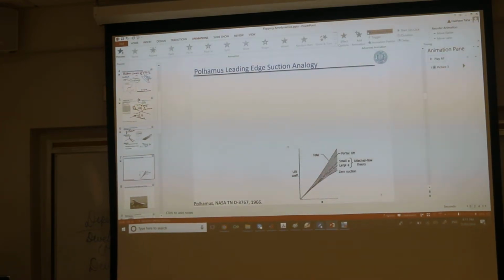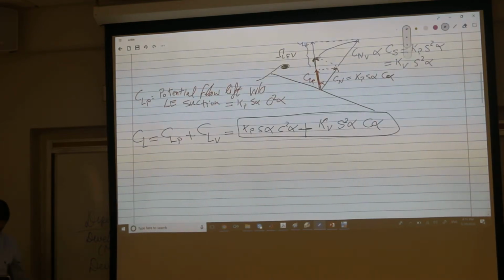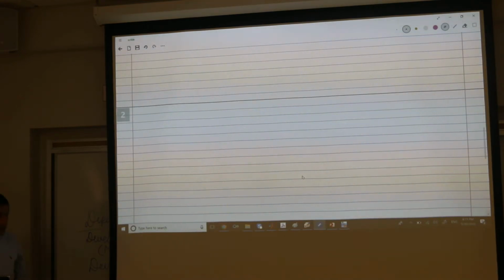Okay, one more interesting thing actually is that this leading edge vortex was essential for the flight of low aspect ratio and high speed delta wings. Let's see.